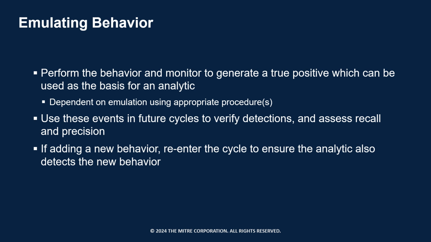When we add new behaviors, we need to pay particular attention to identifying those new behaviors with our analytics, but not at the expense of our other detections. Bear in mind that emulating behavior through these specific implementations might still leave gaps in your detection abilities. So this approach should be paired with the more theoretical research and analysis we covered in modules 2 and 3.